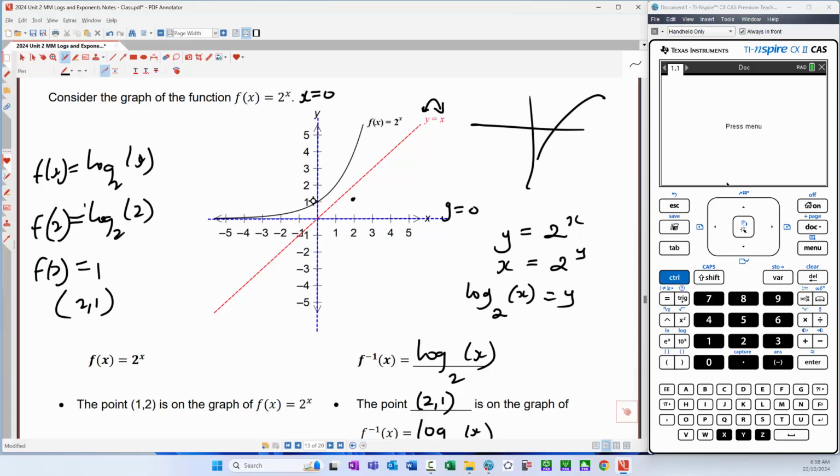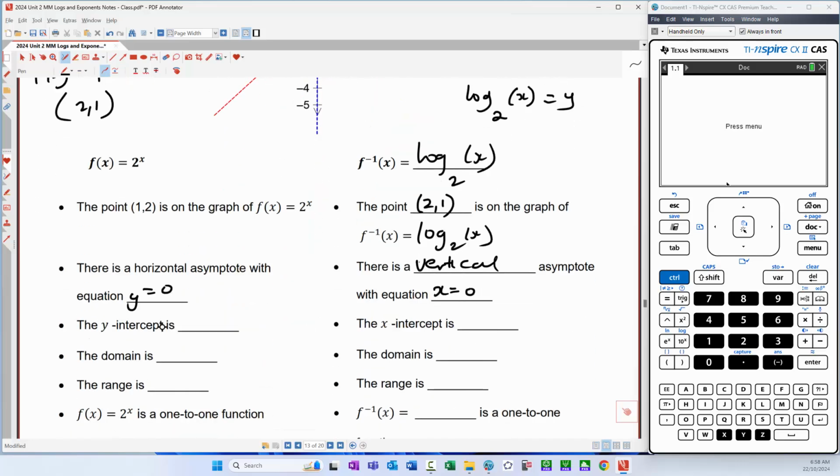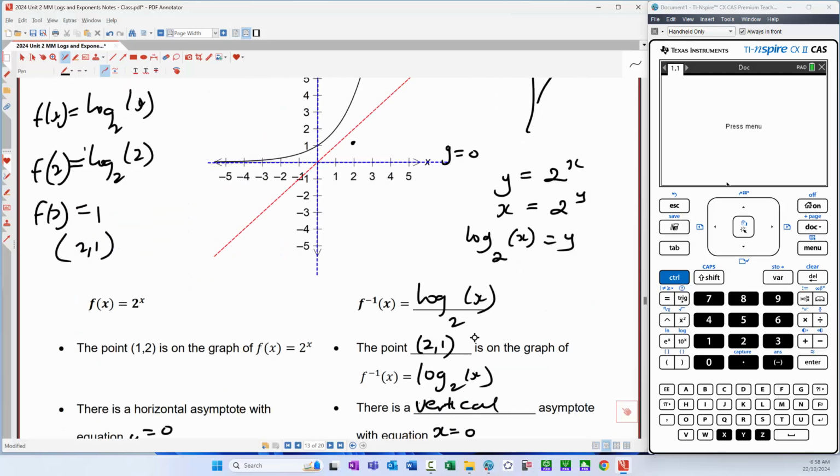Now, what else do we know? Notice how 2 to the x has a y-intercept: when x is 0, y is 1. That means that the x-intercept of the logarithm is going to be (1, 0). So let's pop that in, (1, 0). Here our y-intercept is (0, 1), and again, when we swap x and y, it becomes (1, 0).